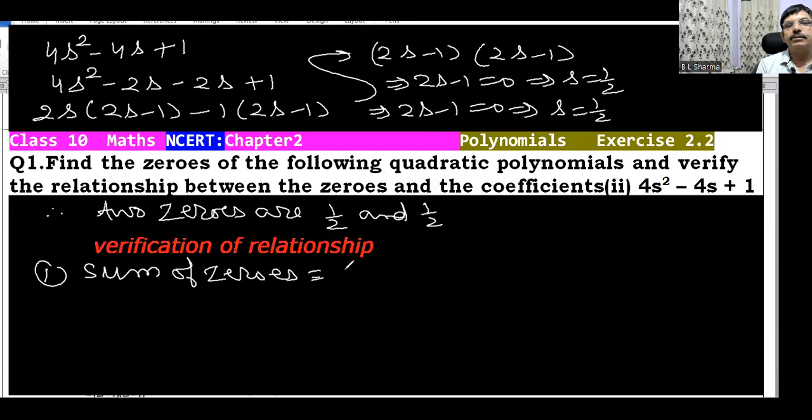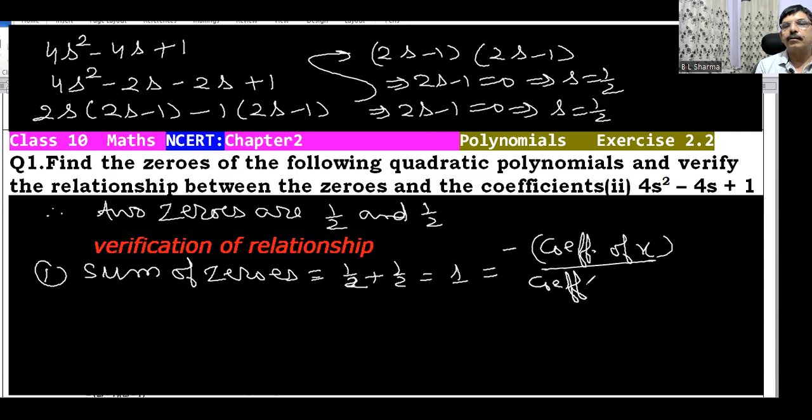Look, 1/2 plus 1/2 is 1, and this is equal to negative of coefficient of x upon coefficient of x square.